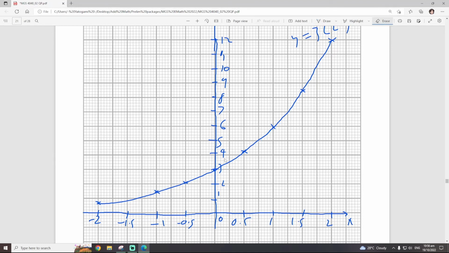Okay, so let's pick some points. Let's say I pick this point and this one. Okay, so draw your gradient triangle.